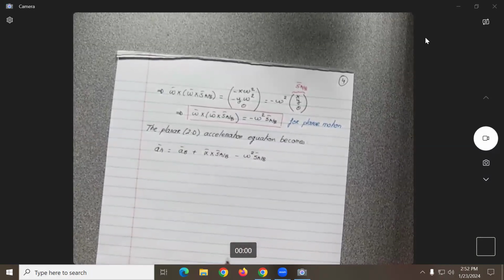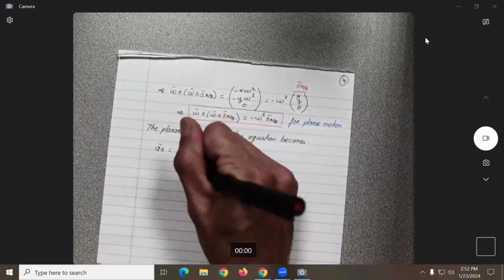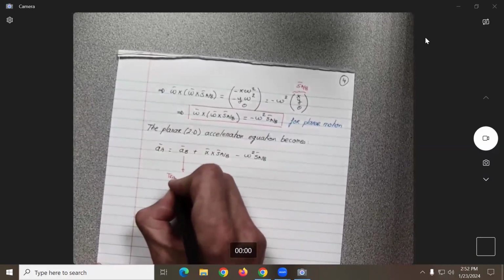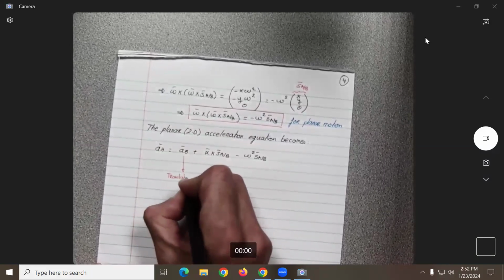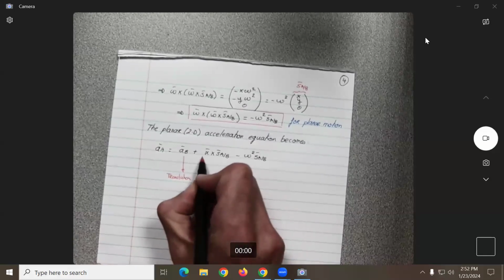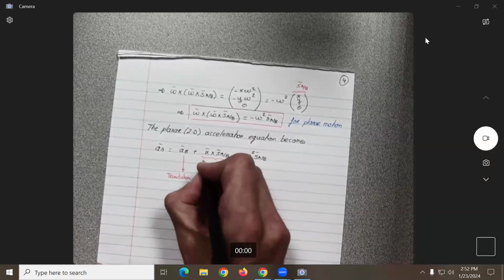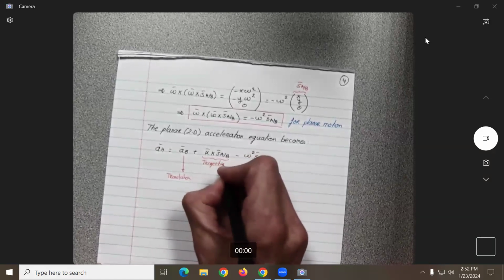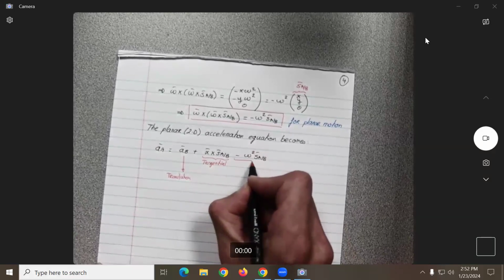I know we wrote this again, but teaching is repeating over and over. What is this component over here? Translation. What is this one over here? Tangential. What is this one over here?